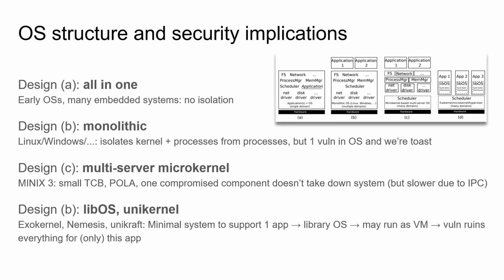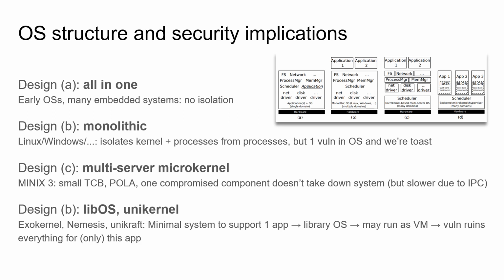Now, each design choice has its own security implications. Clearly, if we run everything in a single security domain, there is no isolation. This is not a system that is built for securing multiple security domains. In design B, we see that there is some security isolation.